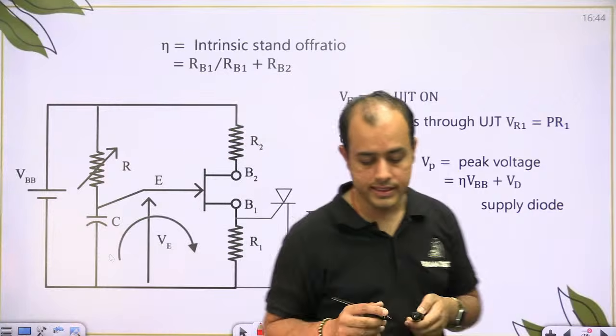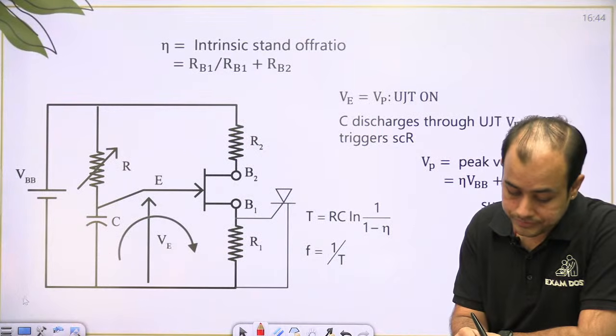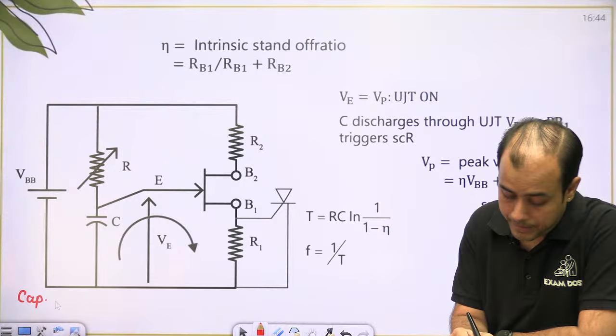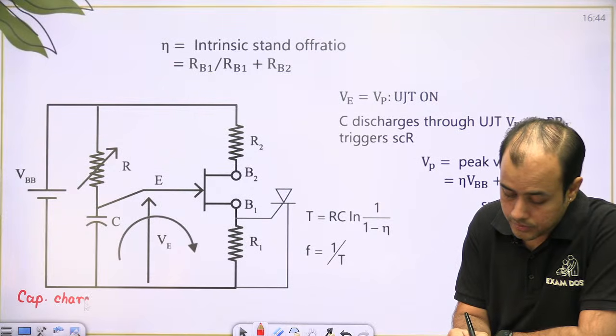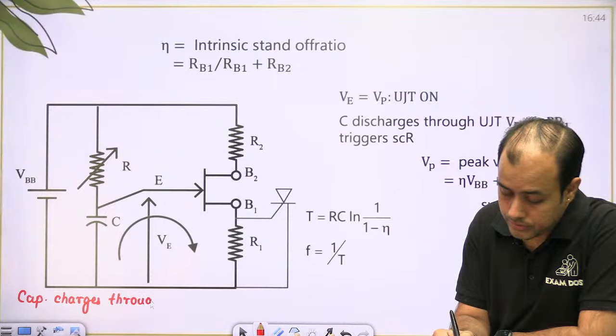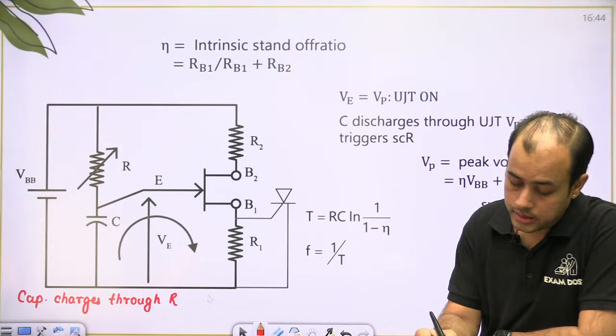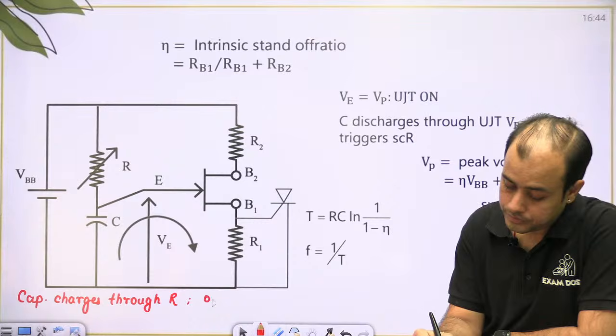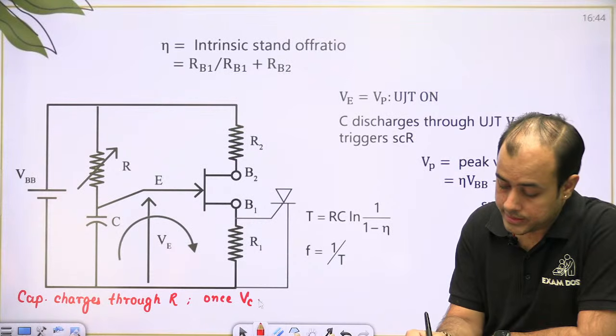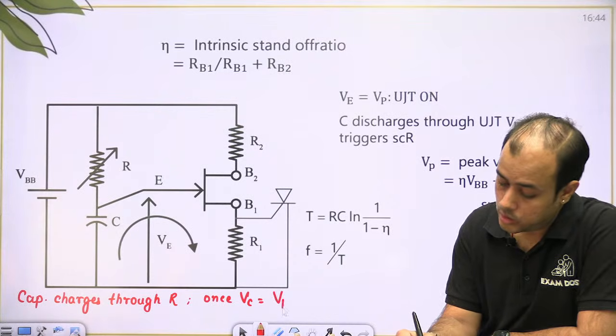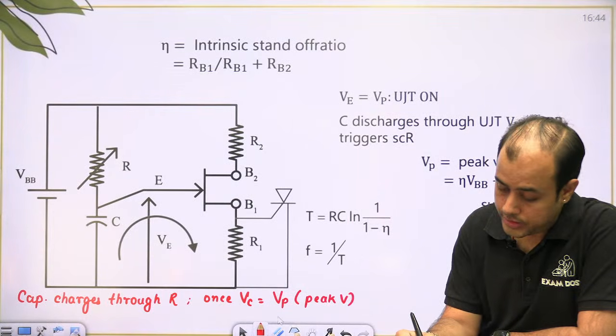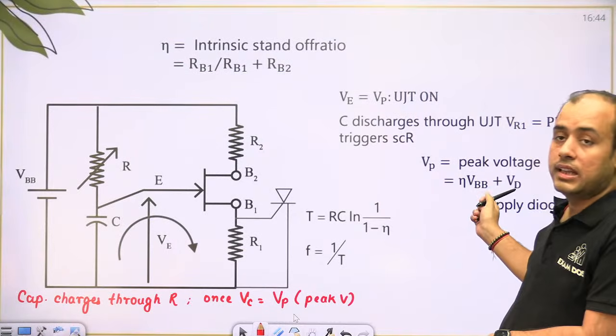So what happens is, देखिए, capacitor charges through R, ठीक है? Once VC equal to VP, peak voltage, which is equal to eta VBB plus VD.